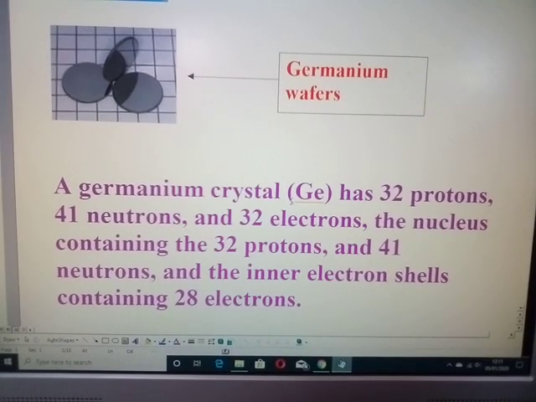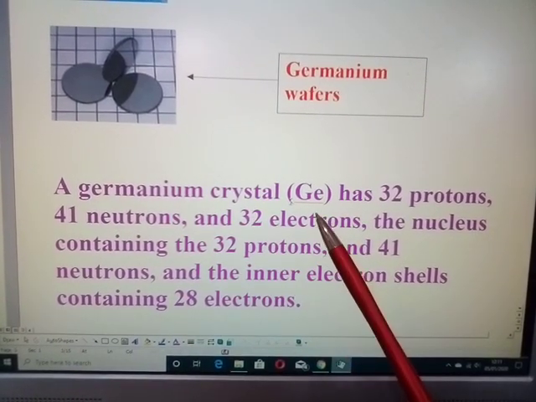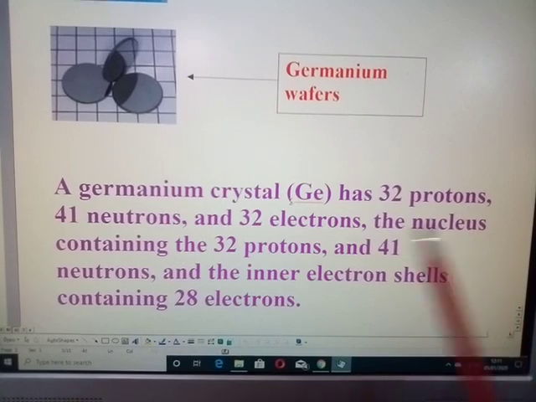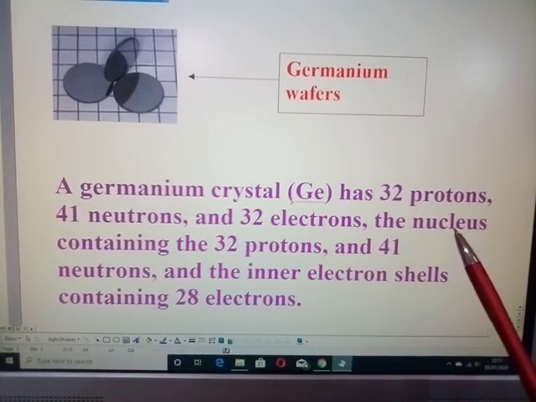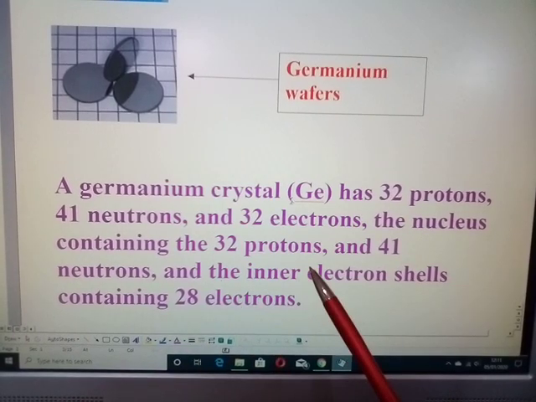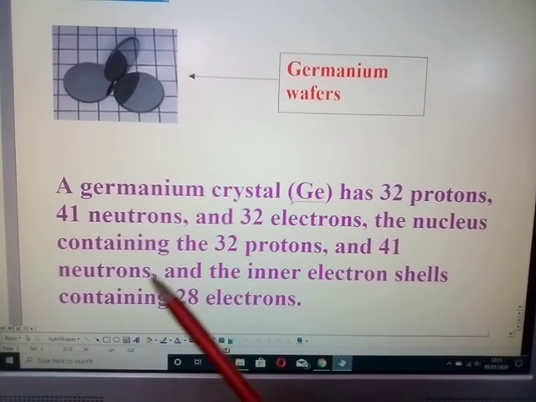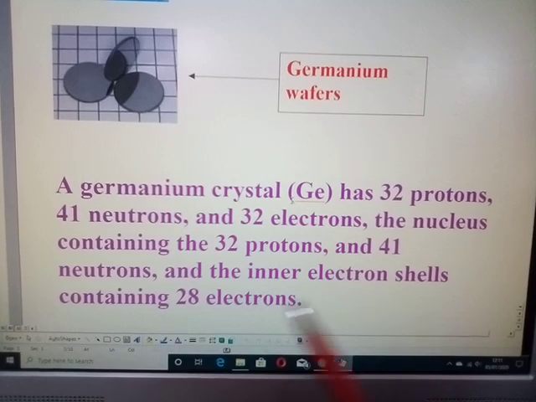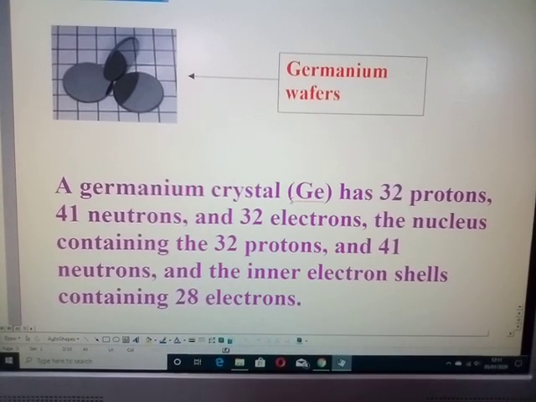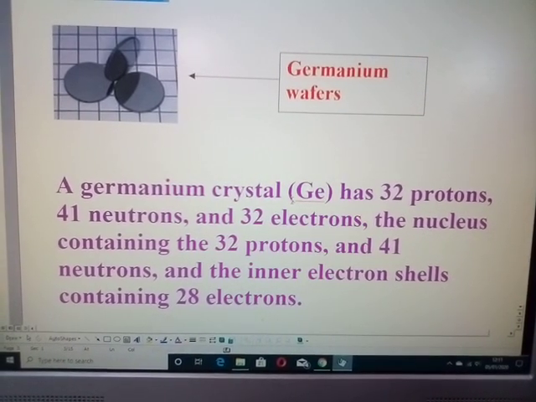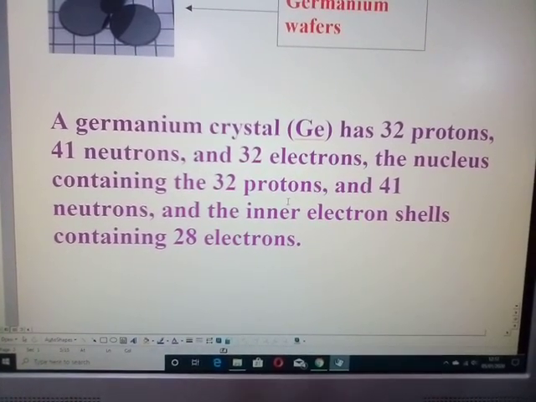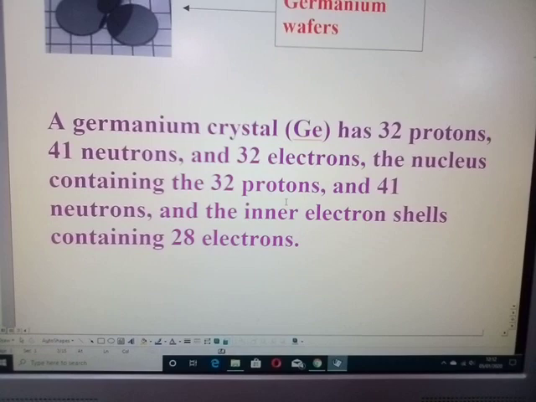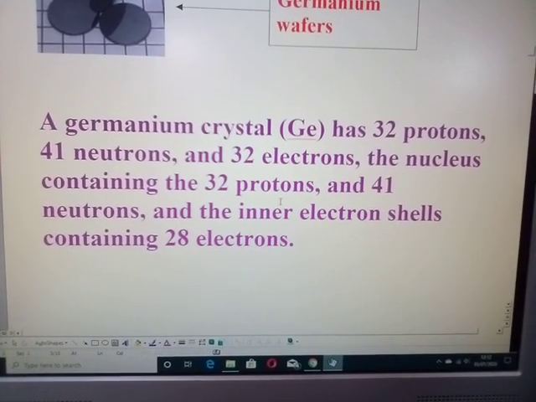Now a germanium atom, Ge, has 32 protons, 41 neutrons and 32 electrons. The nucleus contains the 32 protons and 41 neutrons, and the inner electron shells contain 28 electrons. Now, feel free to expand this further for your own knowledge gaining, and look at these yourself.